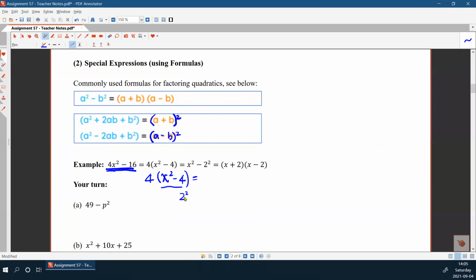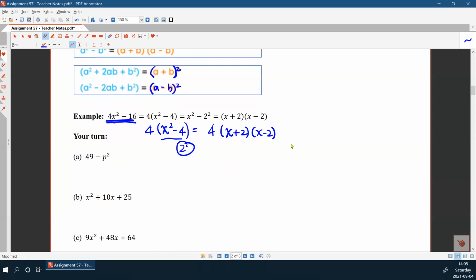Because 4 is just 2 to the power of 2. So 4 times x plus 2 times x minus 2. Or there is a typo here. There should be a factor of 4.